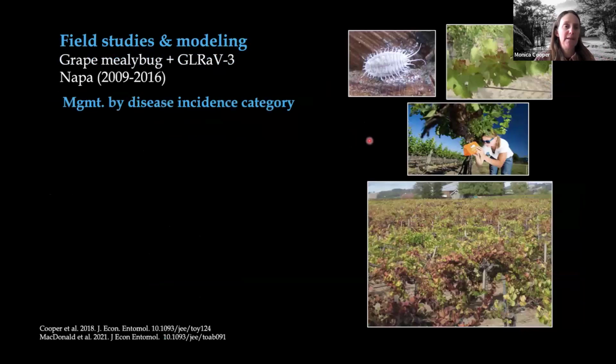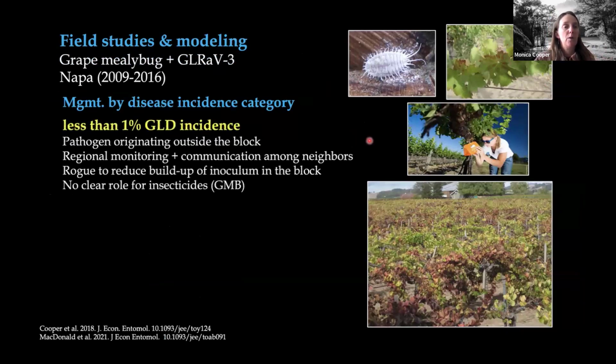We saw something similar in the work that we conducted in field trials from 2009 to 2016. What came out of our work is that at less than 1% leaf roll disease incidence, the pathogen is probably originating outside the block. And so you want to rogue because you don't want the pathogen to build up in that block.